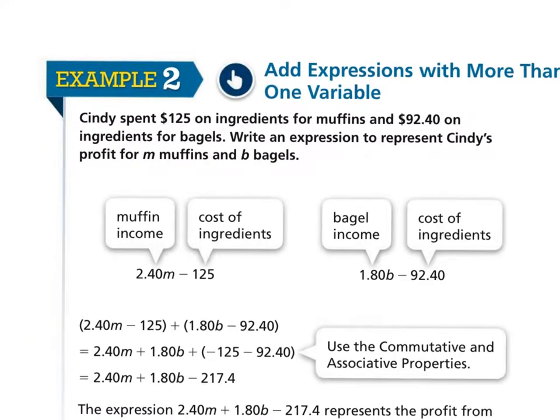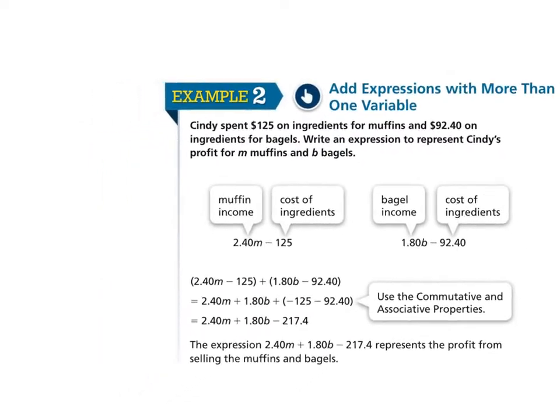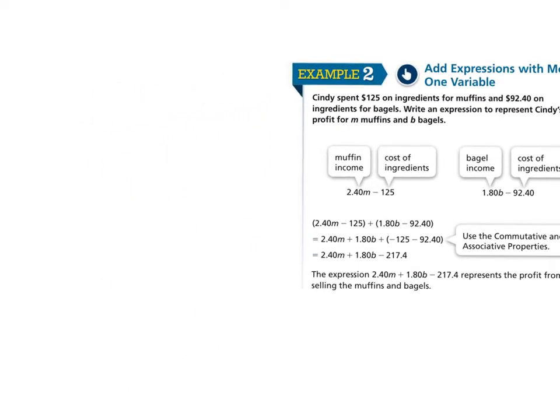So profit is we take our income minus our expenses. The book's doing this a little bit different way. I guess since you have theirs to look at already, I can just mention to you guys a different option for how we can do this, and then you can look at what they did. Probably what I would do on this problem is look at what all expenses they had. So their ingredients, they spent $125 for muffins.